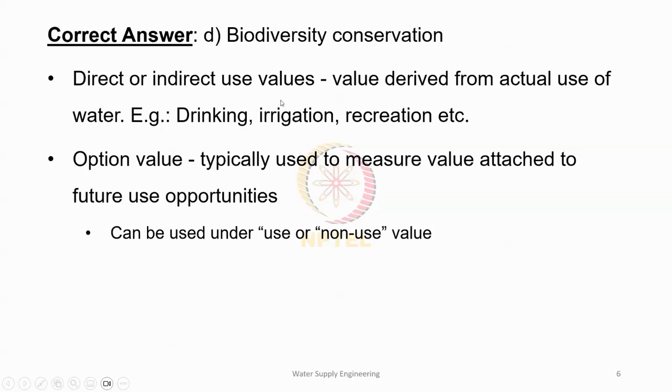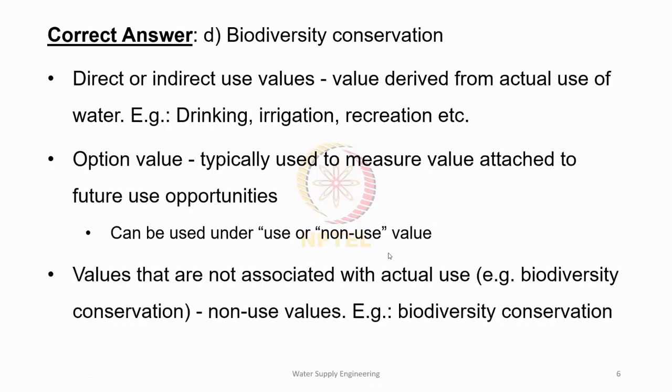It may be use values or non-use values, but it is regarding the future use opportunity. And values that are not associated with actual use are non-use values, for example biodiversity conservation.